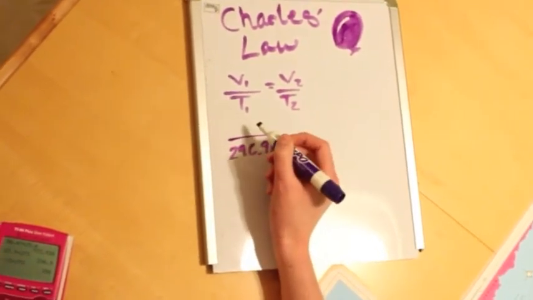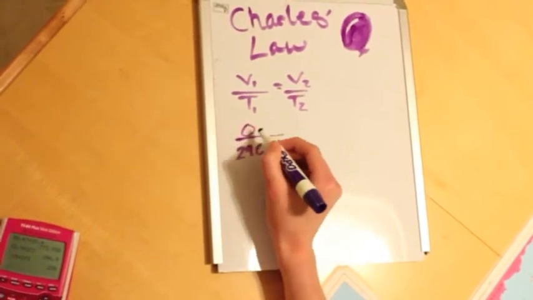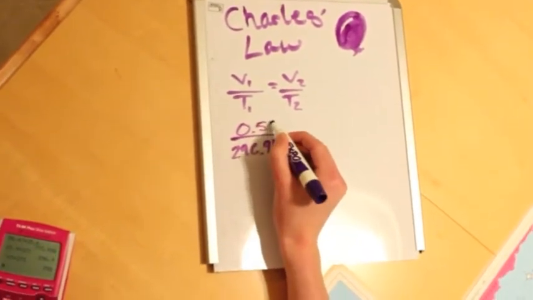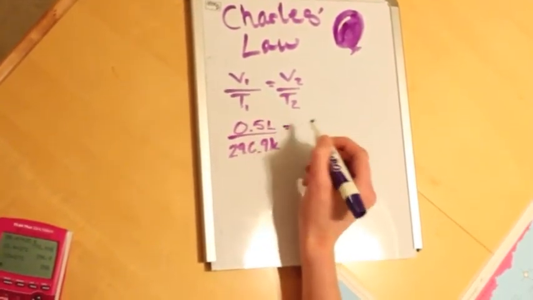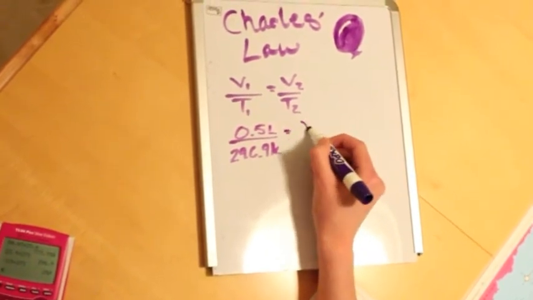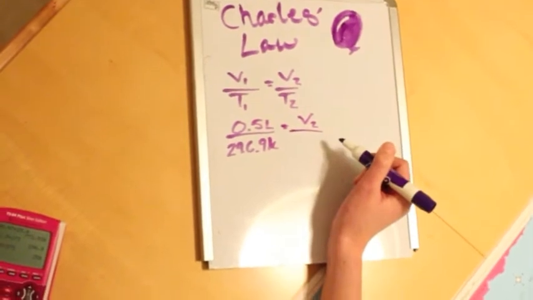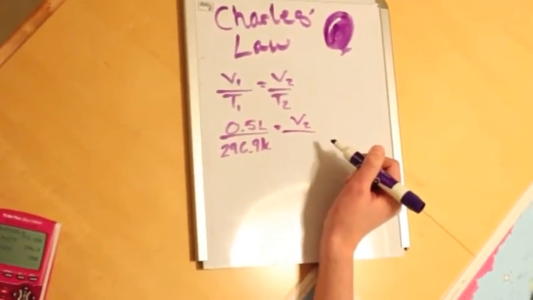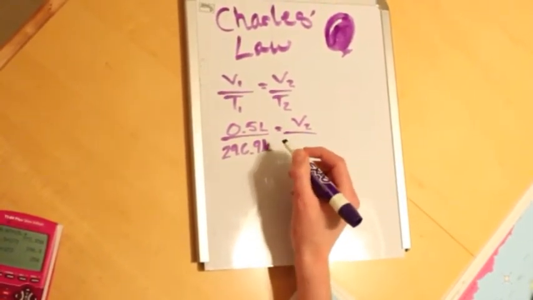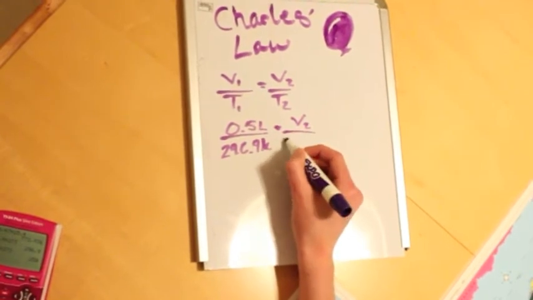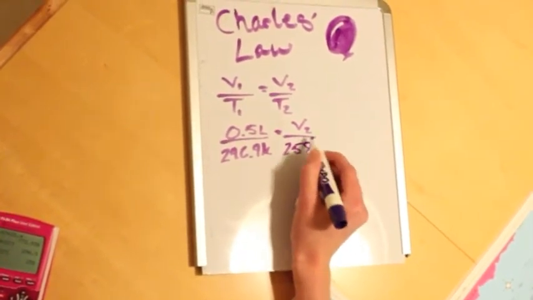And the initial volume of our balloon was approximately half a liter. Now, we aren't positive as to what the volume of our frozen balloon was, but we know that the temperature it was in translates to 258 Kelvin.